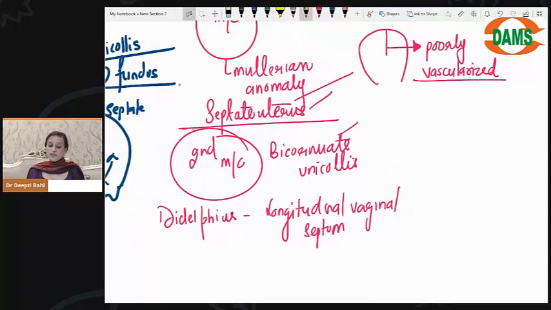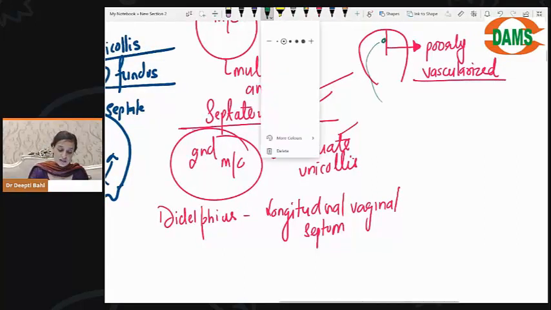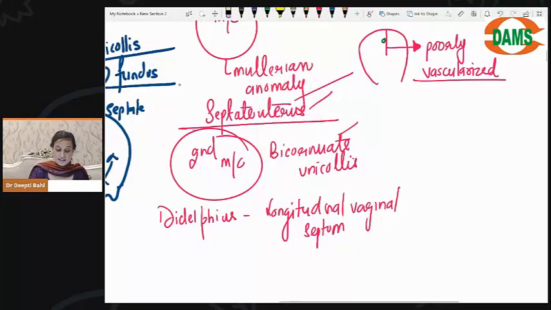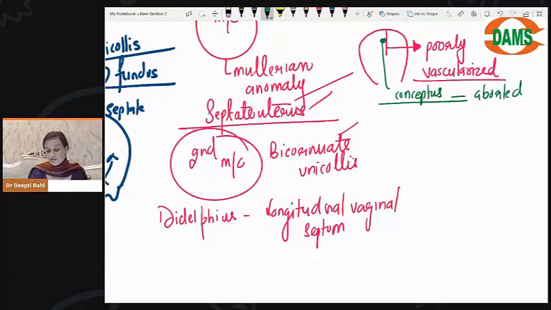So what will happen if a conceptus comes and implants on the septum? Will it be able to undergo further implantation? No. So this conceptus will be aborted.